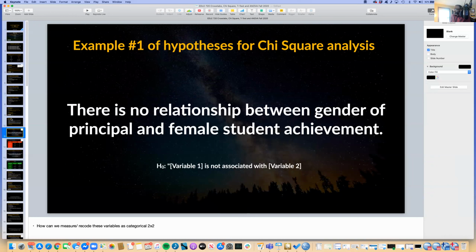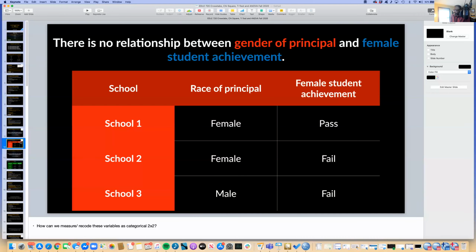If you suspect that there's a relationship between the gender of a principal and female student achievement, you would state it as the null. And if the data came back to say that there was a relationship, you would reject the null hypothesis.